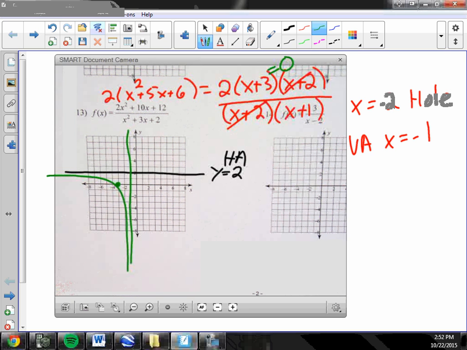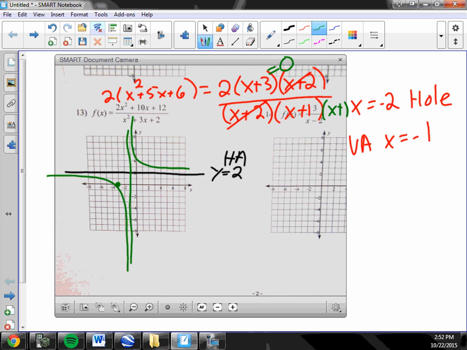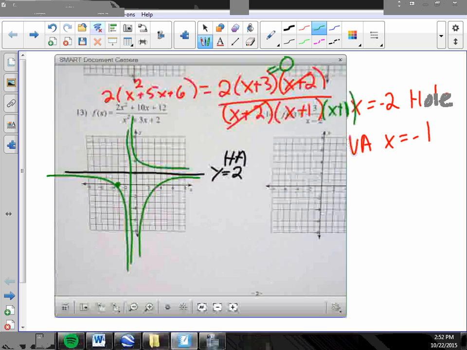That's the only difference. So right now, it's going to look like this. But if I put another x plus 1 in here, then it would look more like this. It would get a little bit closer to the asymptotes, but it would have that basic shape.